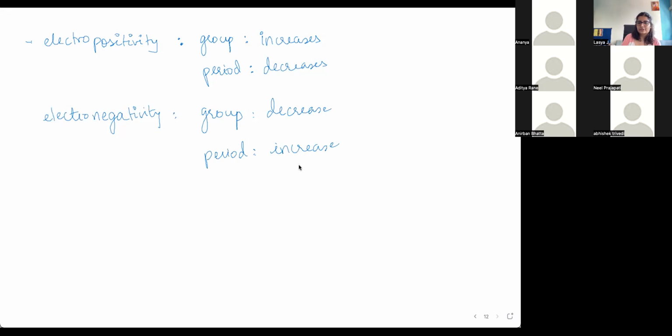So remember, if this was my periodic table, top to bottom electronegativity decreases, so somewhere on the top is the higher electronegativity, and across a period it increases. So this corner is the most electronegative, and the element there is fluorine. Fluorine is universally the most electronegative element in the whole periodic table.